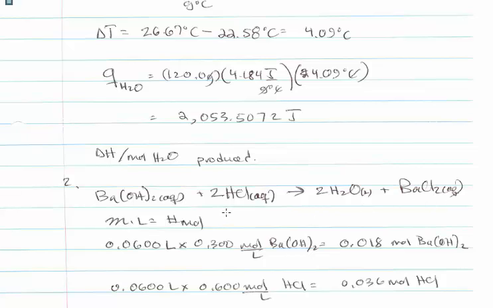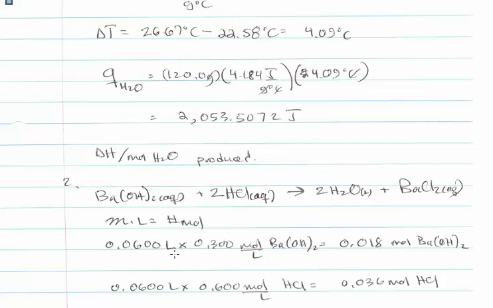Before we can figure out how much water is produced, we have to have a balanced chemical equation. So we know for each mole of barium hydroxide, I'll get 2 moles of water, and for 2 moles of hydrochloric acid, I'll get 2 moles of water. So my hydrochloric acid to water ratio is 1 to 1. To figure out how many moles of barium hydroxide and hydrochloric acid I have, I use the formula molarity times liters is equal to number of moles.